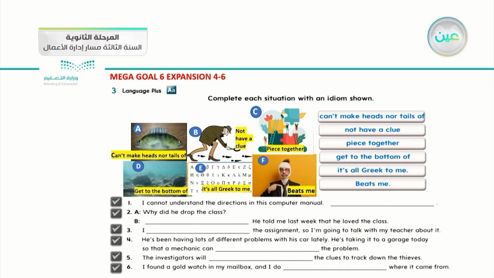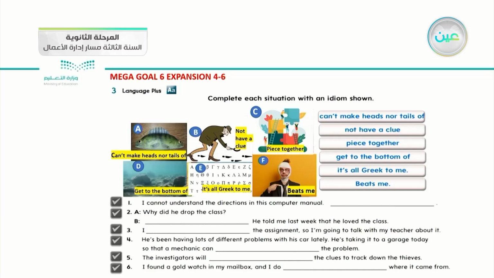And we will go to letter D. Get to the bottom of, which means reach the bottom of, and we apply that with this picture, deep at the bottom of seas or oceans, etc. And letter E, it's all Greek to me. There are some Greek letters in that picture that we can talk about.